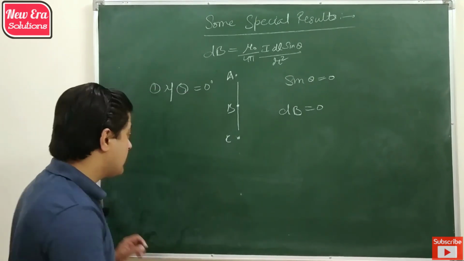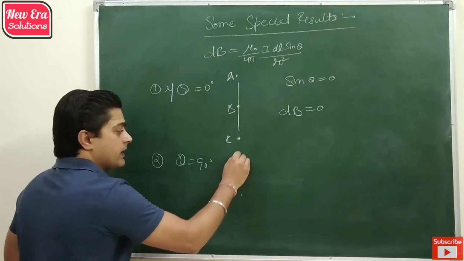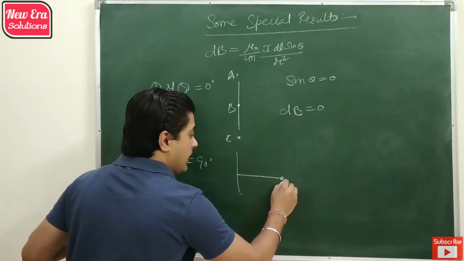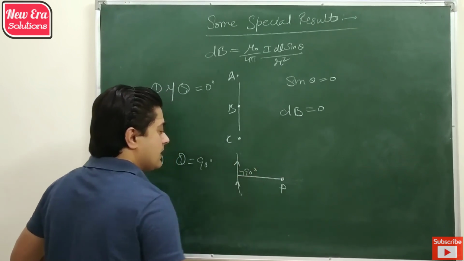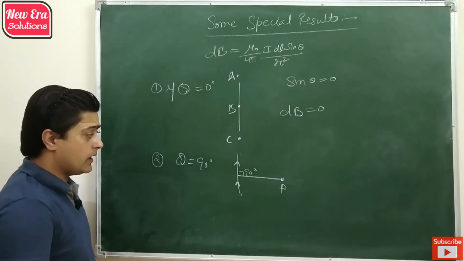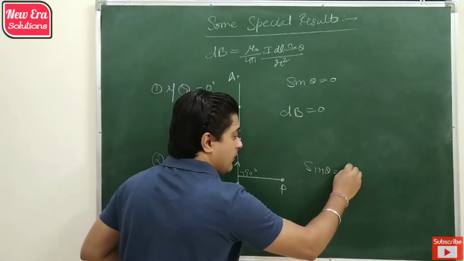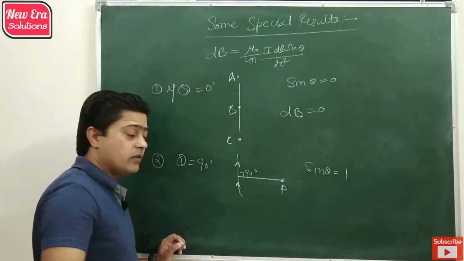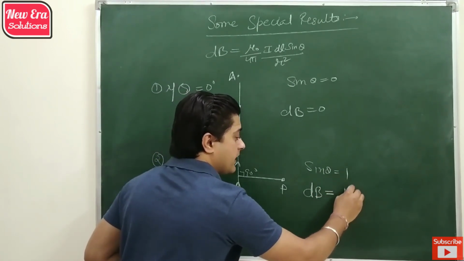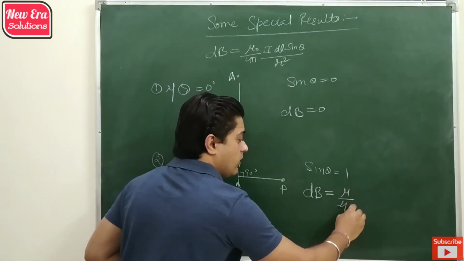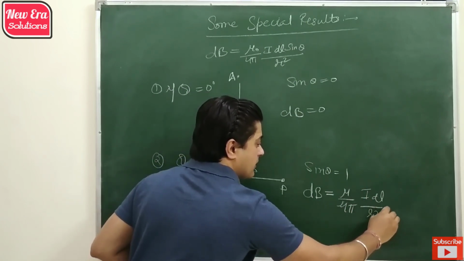In the next case, if theta is equal to 90 degree, that means the point at which we have to find the magnetic field is perpendicular to the current element, then sin theta becomes 1, which is the maximum value of sin theta, and the magnetic field of the current carrying conductor is mu naught by 4 pi I dl by r square.